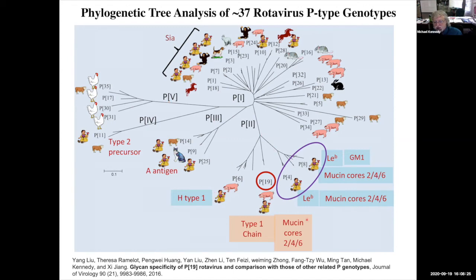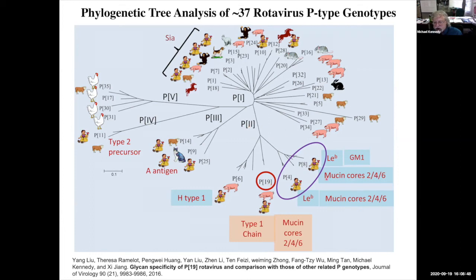P2, the P2 genogroup, has 4 genotypes in it, and these 4 are the ones that are primarily responsible for infecting humans. We have P8, which is the most common one and responsible for the most deaths, followed by P4, and then we have P6 and P19.